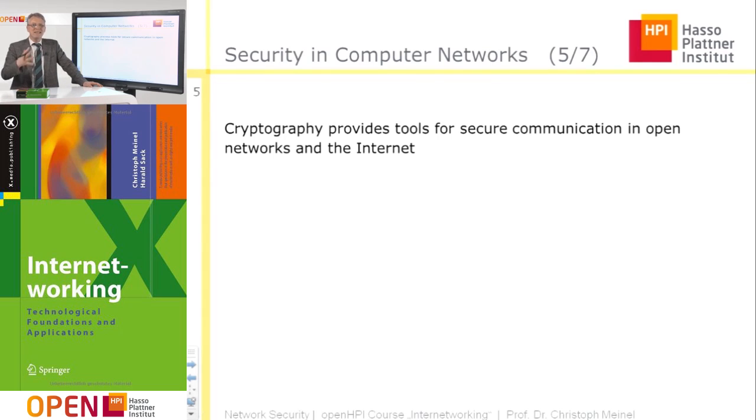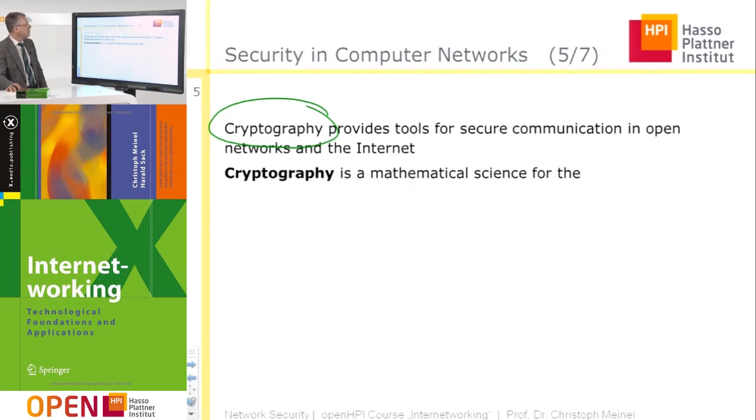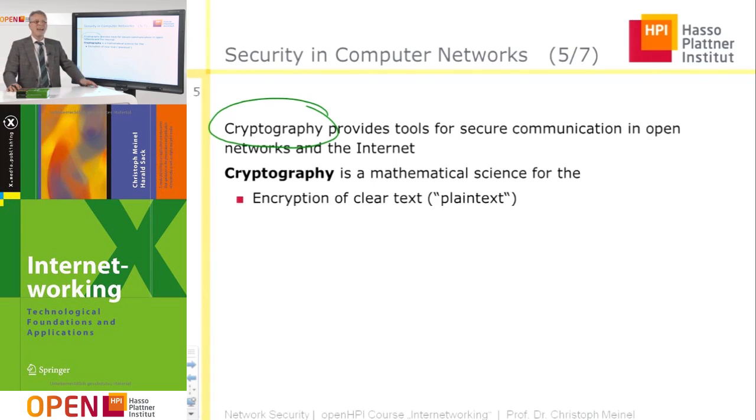Now, what are means to secure communication in open networks? There is a science, cryptography, which provides a lot of methods and tools to secure information in open networks. So cryptography is a mathematical science for encryption of messages.